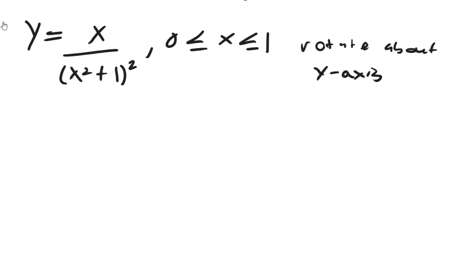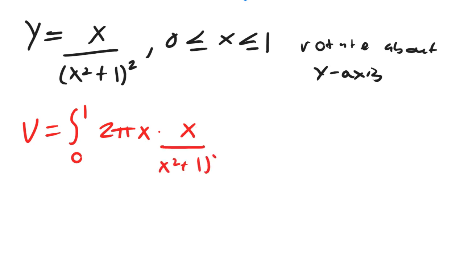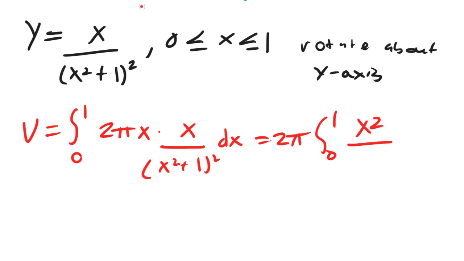Then we can just use the shell method from 0 to 1, and we'd say 2 pi x times the height of the equation, which in this case would be x divided by x squared plus 1 squared, dx. See how this gives us 2 pi times the integral from 0 to 1 of x squared over x squared plus 1 squared dx.